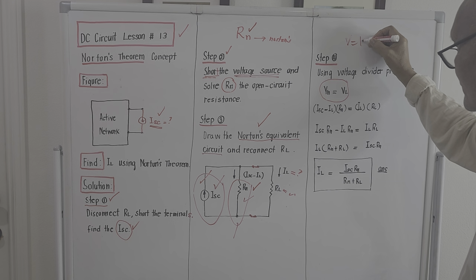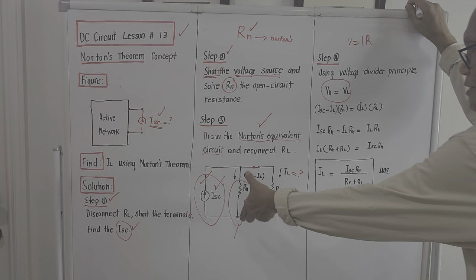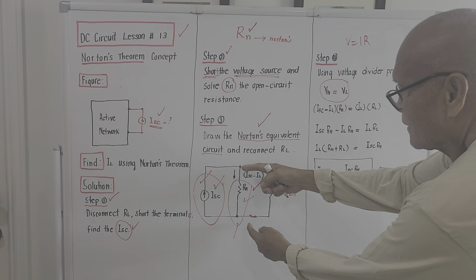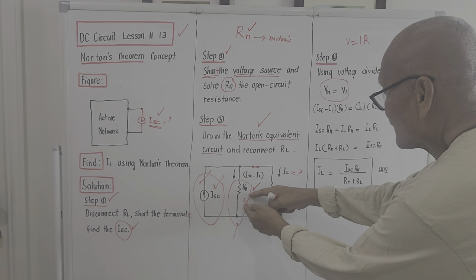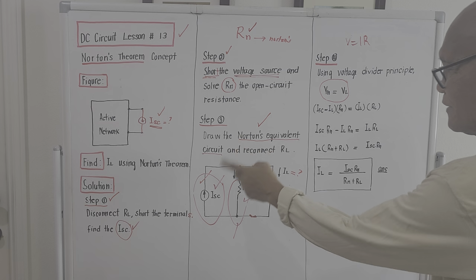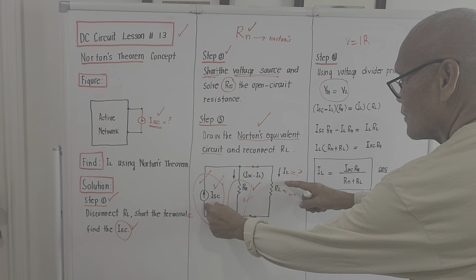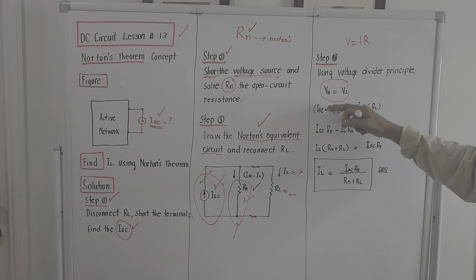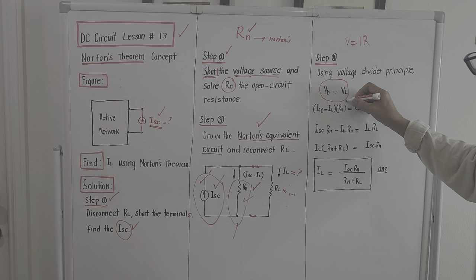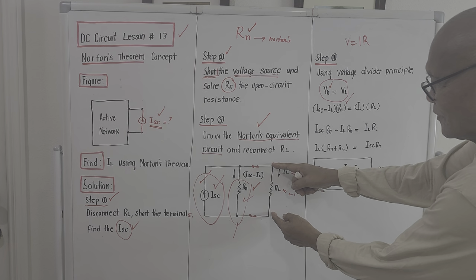Voltage is equal to IR, right? So considering the voltage across this, it will be the current entering R sub N times R sub N. And the current entering R sub N is actually the total short circuit computed current minus I sub L. So it will be the difference, I short circuit minus I sub L, times R sub N. That is V sub N. And V sub L, the voltage across this will be the same as this.